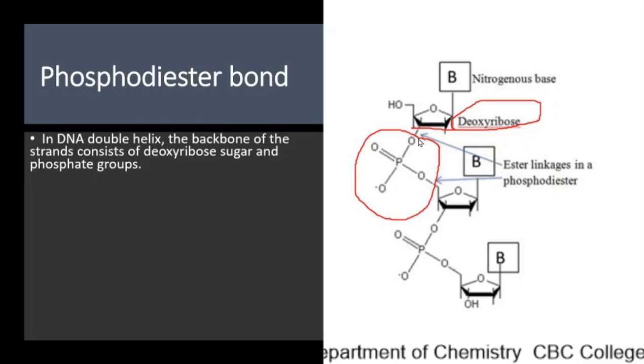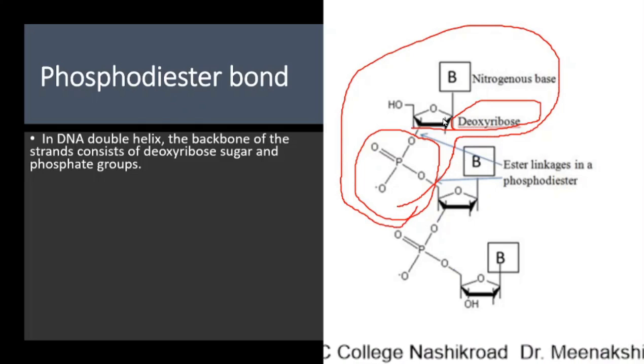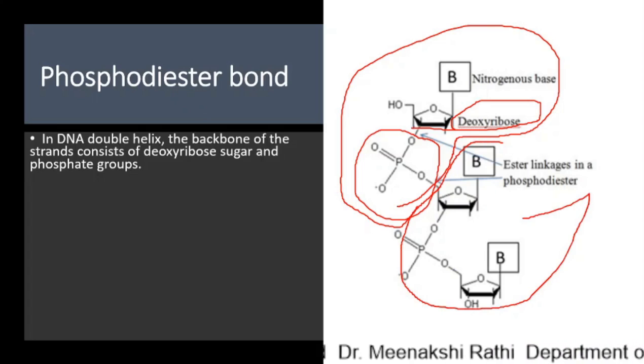Can you see? Now here this is one nucleotide which consists of sugar, nitrogenous base and phosphate group. It is attached with the another nucleotide which contains again nitrogenous base, sugar and phosphate group.